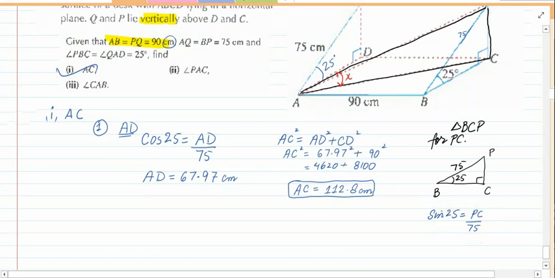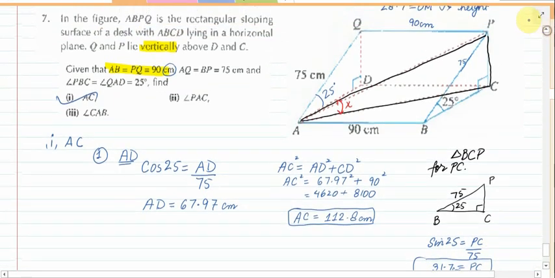So sine 25 is 0.42 times 75, it's 31.7. So the height is 31.7 centimeter.